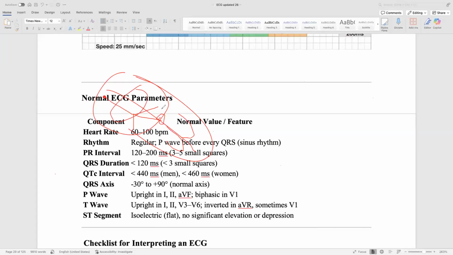P is depolarization here, QRS depolarization here. So P then QRS, that's a normal electricity. That is a sinus rhythm.